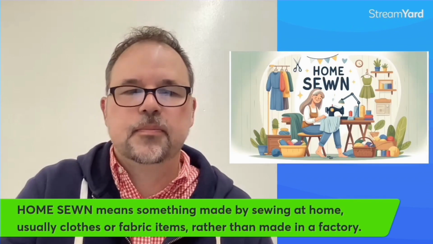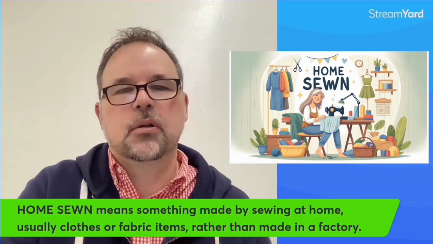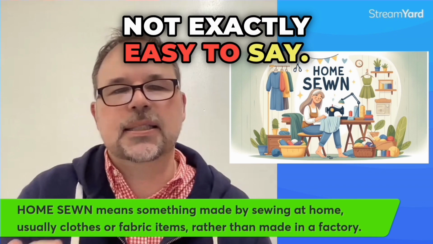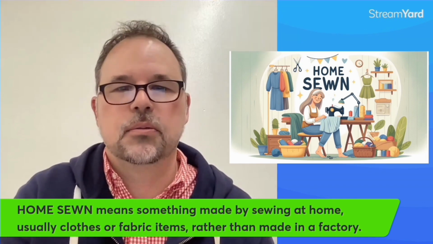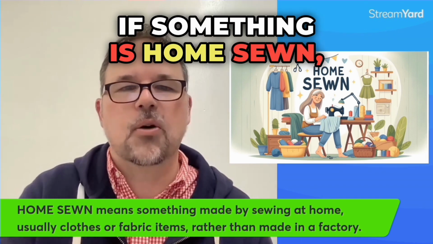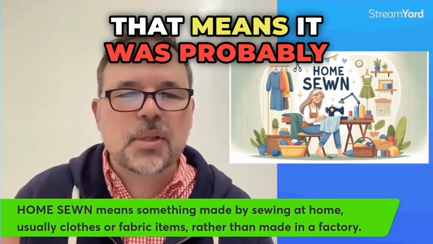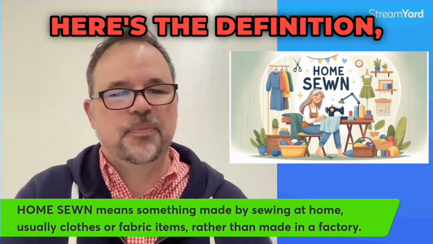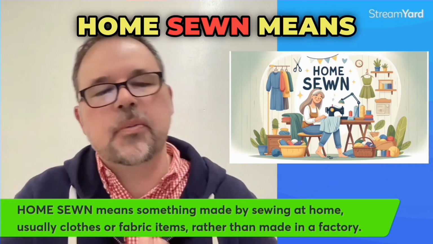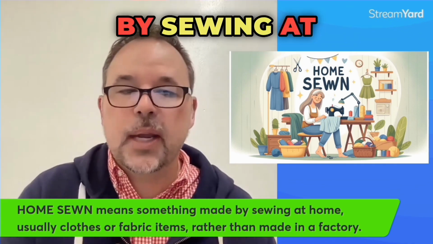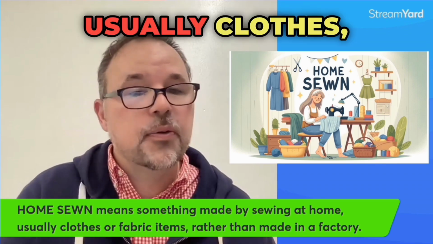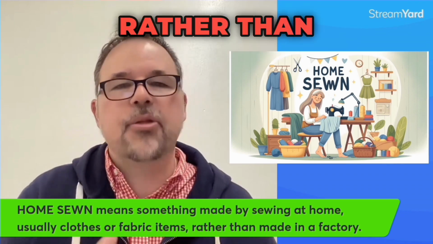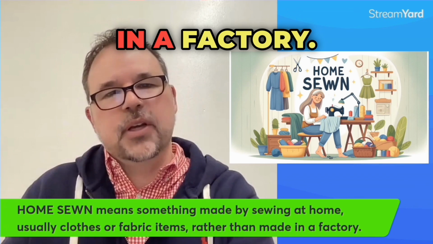Oh, this one. Home sewn. Not exactly easy to say. Home sewn. If something is home sewn, that means it was probably made at home. So here's the definition right down there. Home sewn means something made by sewing at home, usually clothes or fabric items, rather than made in a factory.